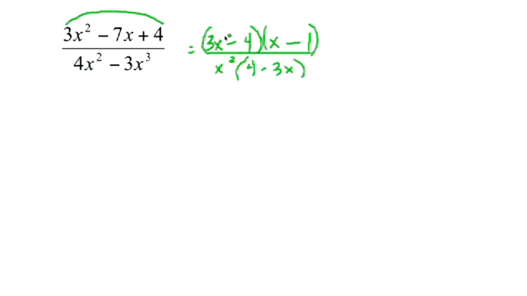When I say that these signs are opposite, you'll notice that on the 3x, it's positive here and negative down here, and on the 4, it's negative here and positive down here. When this situation happens, go back to that rule 1 that we've learned in factoring and say, okay, what if I factored out a negative 1 from this denominator's expression?